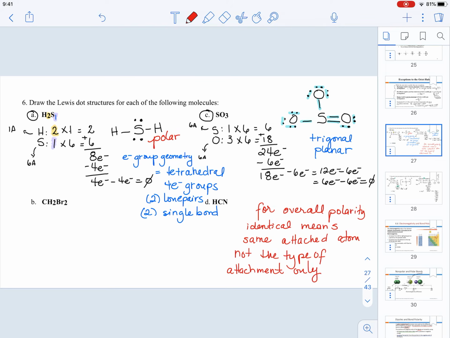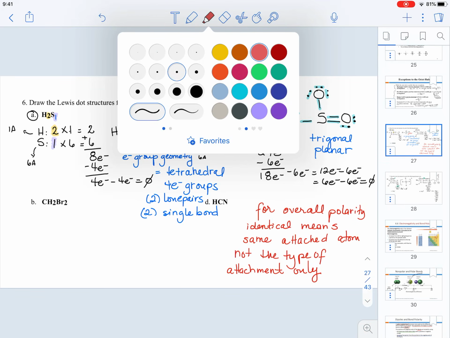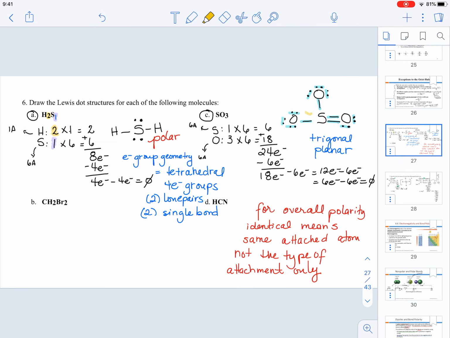Okay, so when it comes to SO3, as you can see, this trigonal planar molecule is attached to, I'm just going to use a different color highlighter, an oxygen atom, an oxygen atom, and then this one, even though it's a double bond, that is still attached to an oxygen atom. So that constitutes 3 identical groups.